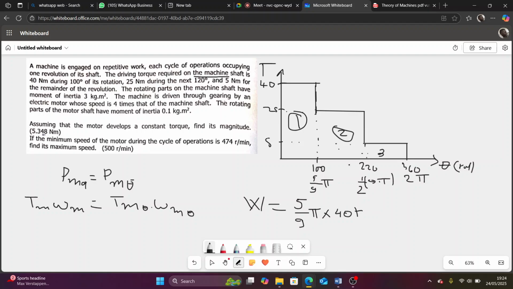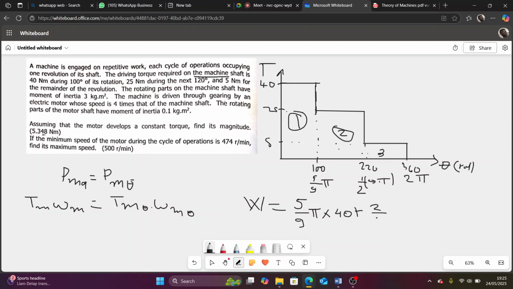We have the change, 5 over 9 pi to 220, which is 120 degrees. That gives us 2 over 3 pi. Yes, the change between the base there.